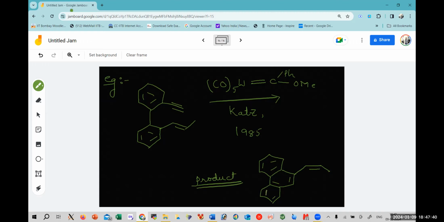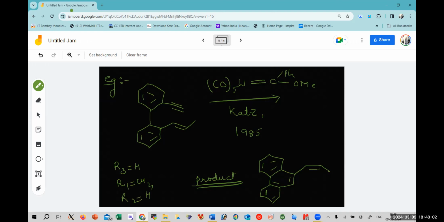So this is the way you can expect. We only said that whatever the ring is there, it would be having a product. Since the R group that we are having is H, here R3 is H, and R1 is CH3, and R2 is H.